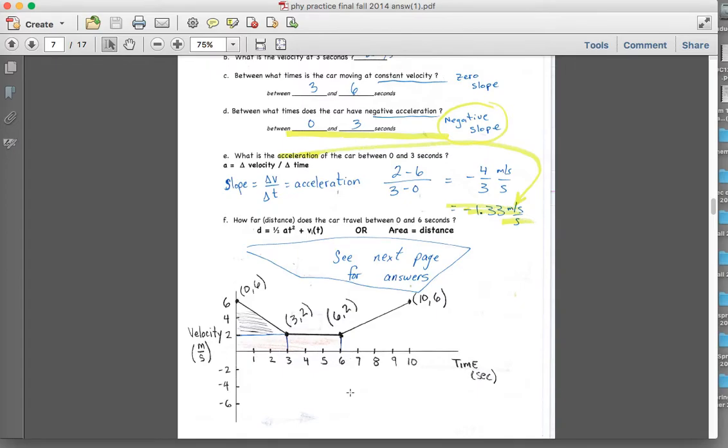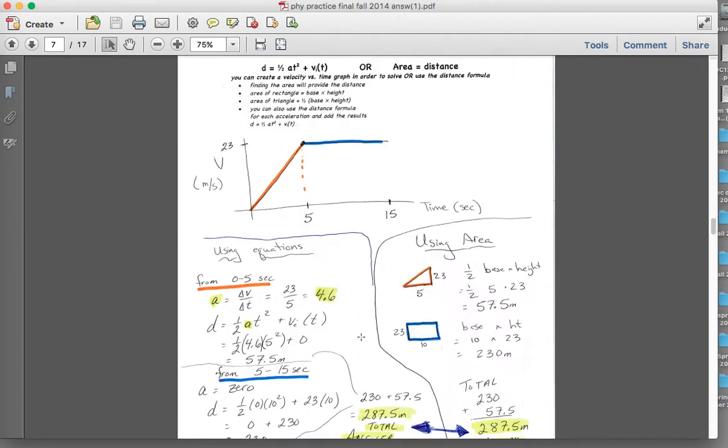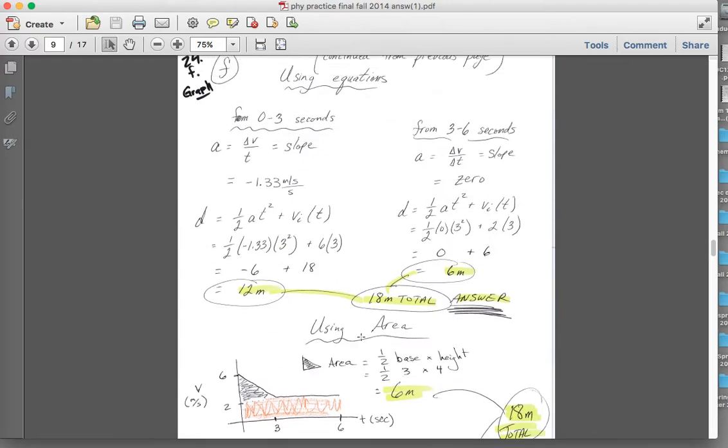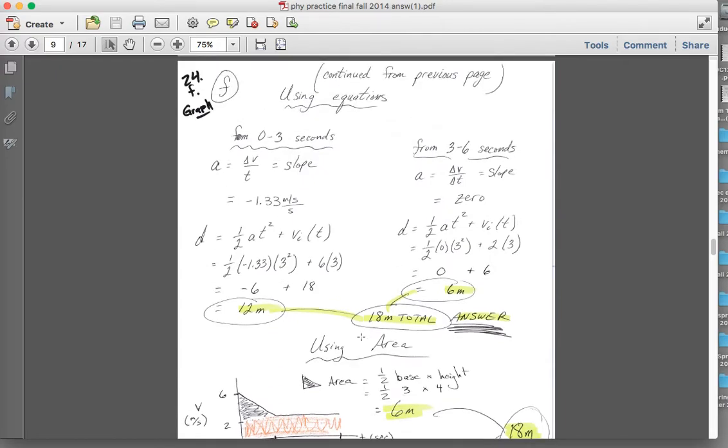There's a couple of ways to solve that, but hopefully you're thinking you have two distinct parts of its motion. You have a part where the acceleration is negative, and a part where the acceleration is 0. If you have two different values for the acceleration, then you have to use that distance formula two separate times.